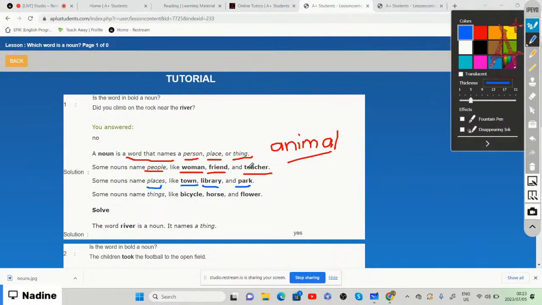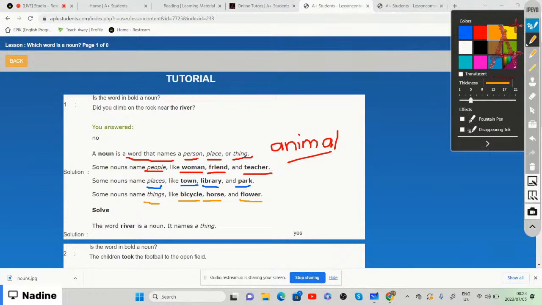Those are all nouns. Some nouns also name things like bicycle, flower, book, pens. And a horse we can put under animal. Those are all nouns that we can identify. We can name people, places, things, or even animals. So that is a noun.